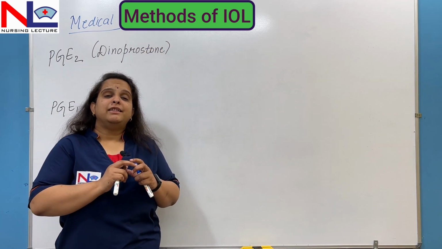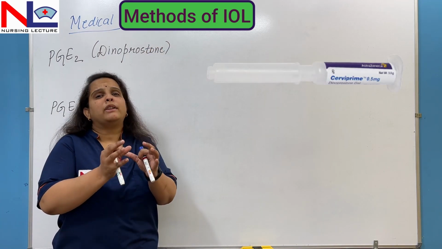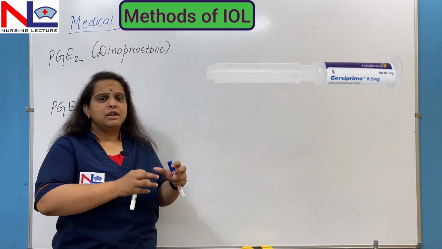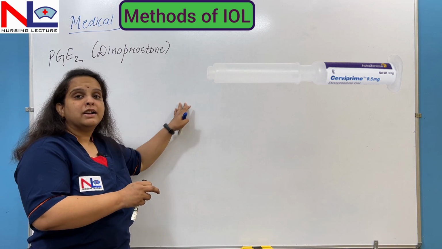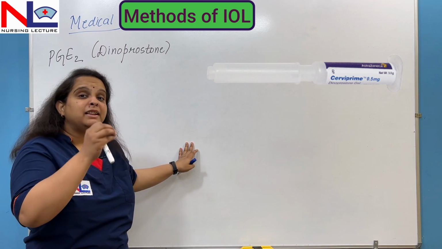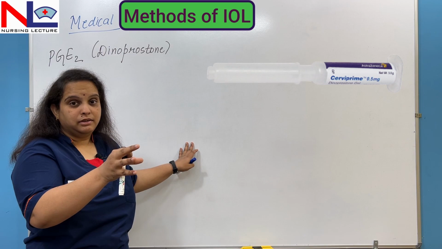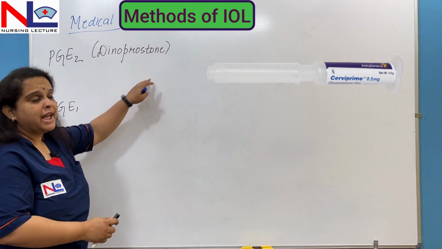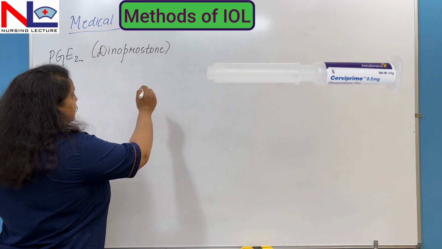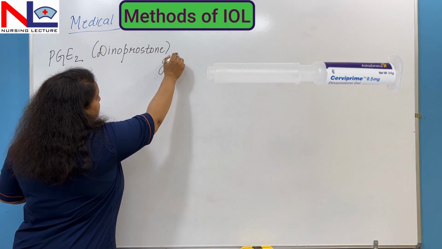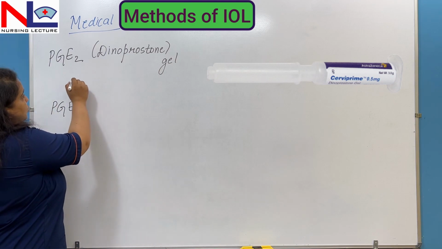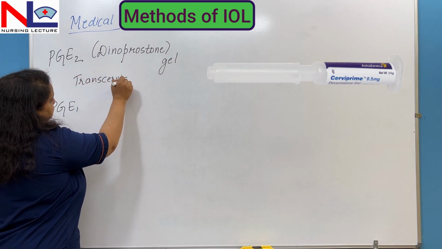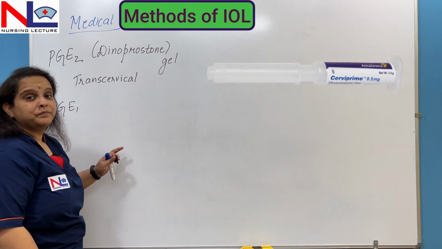What prostaglandins do is ripen the cervix, making it softer and more pliable. These two drugs help in preparing the cervix to be dilatable. The most effective one is Dinoprostone, which we can give in gel form through the transcervical route.